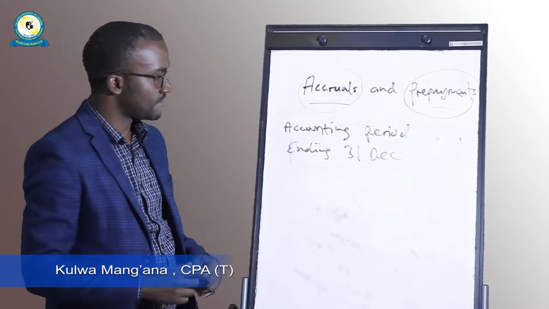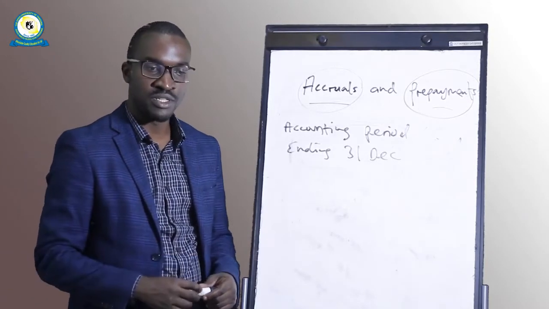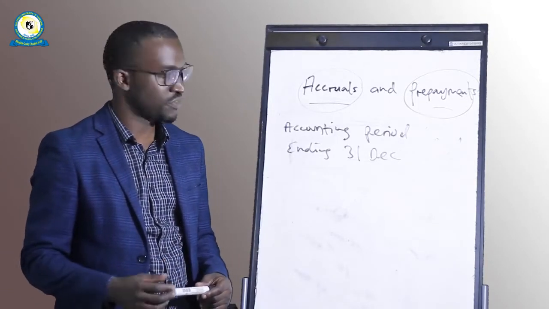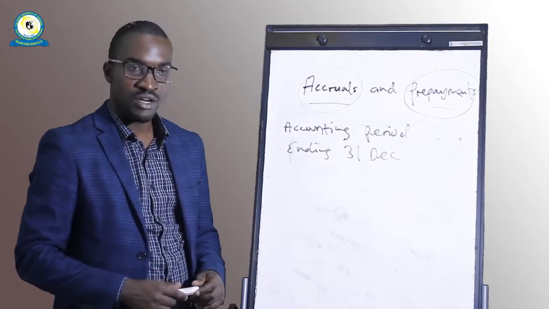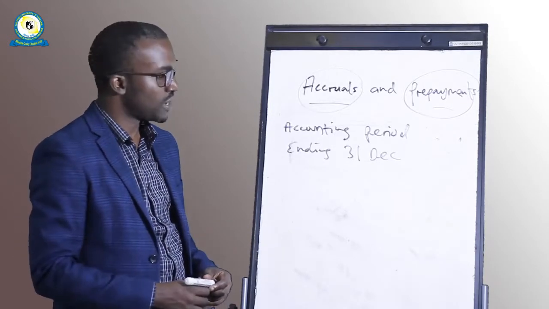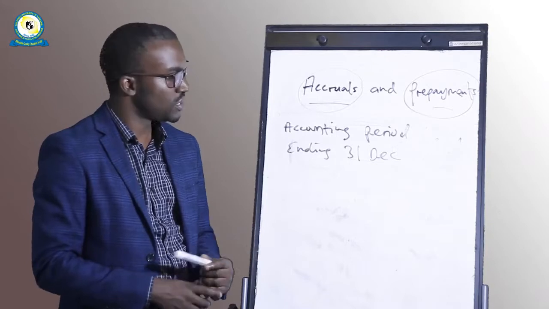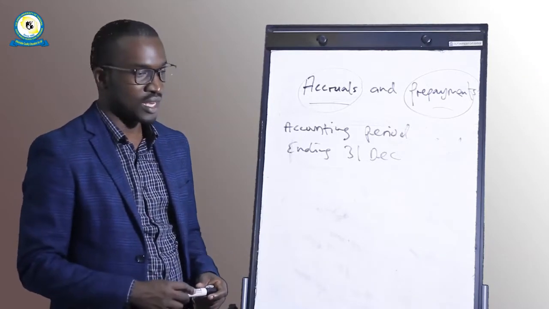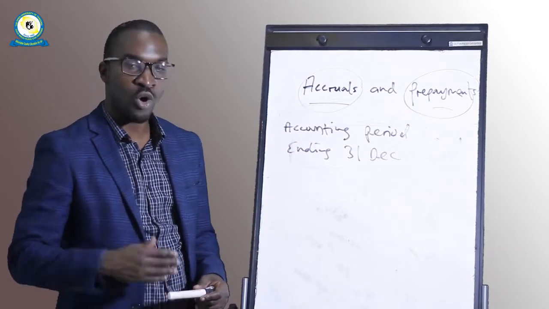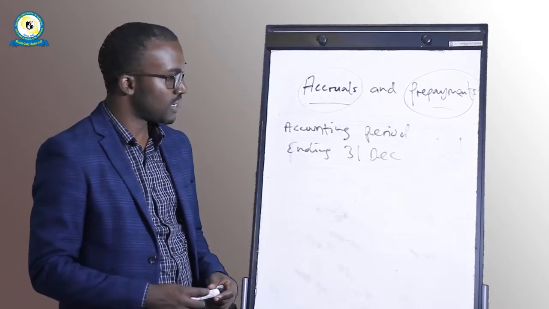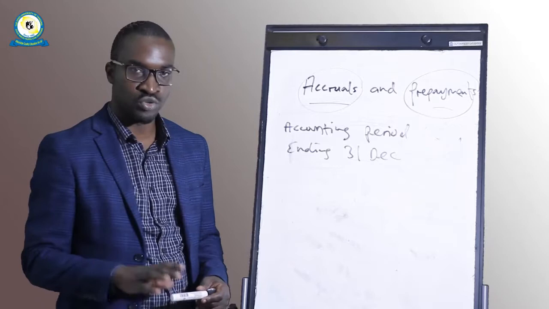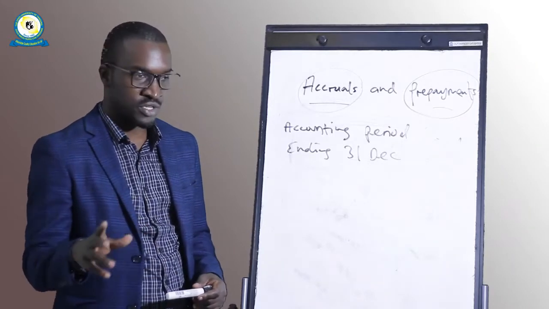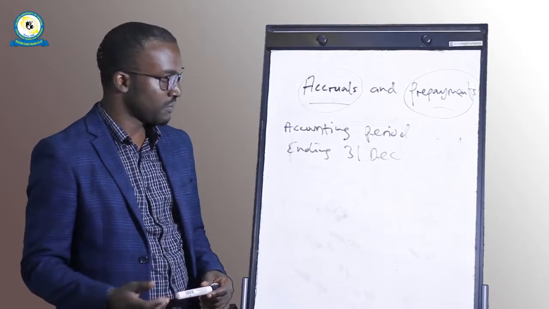So that is an assumption that you have a business with an accounting period that ends 31st December. And again, on 1st January of, assume, our year, electricity, we have an electricity owing amounted to let's say 400.